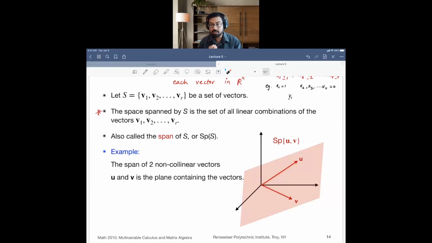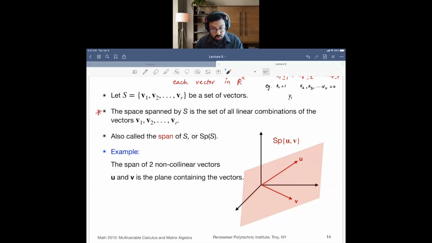The span of U and V is going to be the entire plane that contains U and V, right? So for example, I can take 1 times U plus 1 times V. I will get another vector over here which is on that plane. I can scale them, go back over here or go back over here.